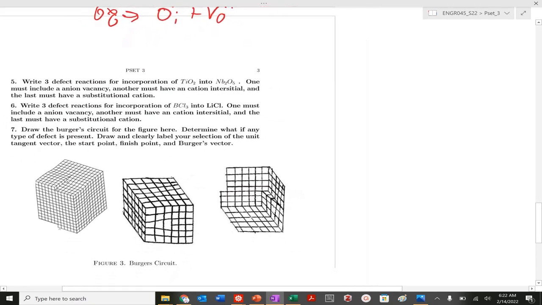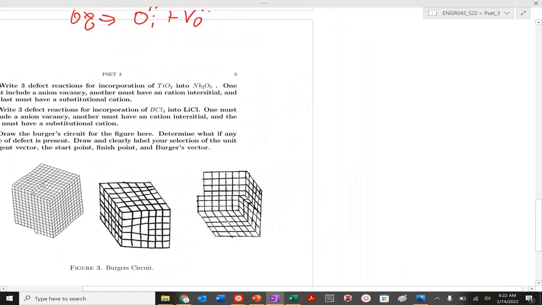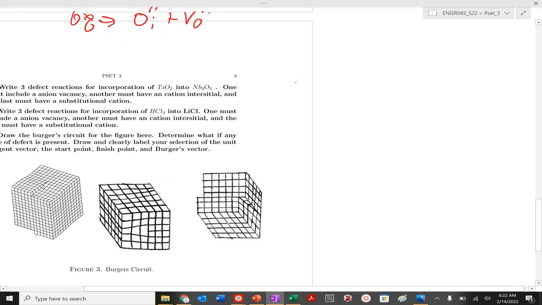Now to defect reactions. We're incorporating TiO2 into Nb2O5, so I need to write 3 defect reactions. One must include an anion vacancy, so I need vacancy of oxygen, 2 plus, plus Ti replaces Nb. Nb is 5 plus, so I'm going to put a 2 in front.